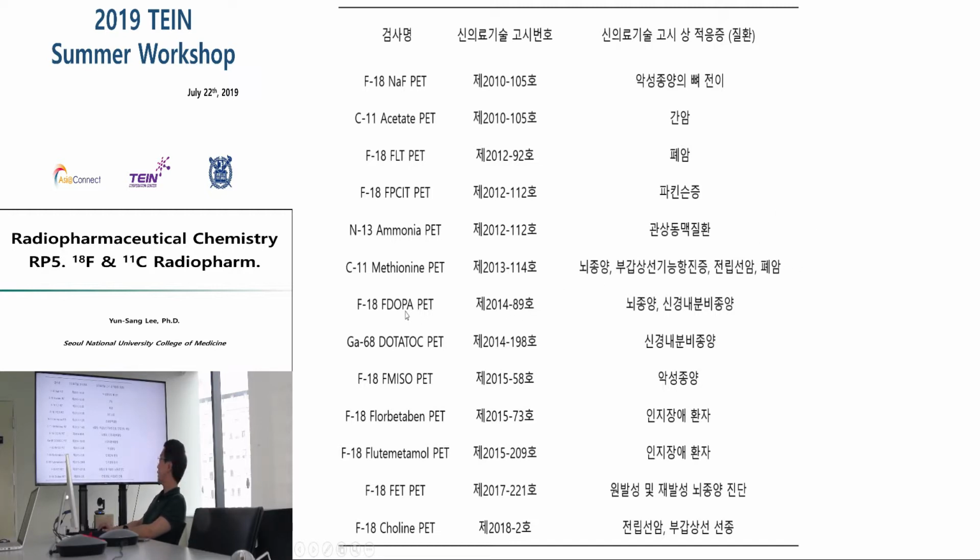And FDOPA for brain tumor and neuroendocrine tumor, and DOTATOC for neuroendocrine tumor, and some agents for cognitive disorders. And recently, we also got approval of FBT, which is used for primary or recurrent brain tumor, and right now choline PET, the most recent, for prostate cancer and parathyroid adenoma.